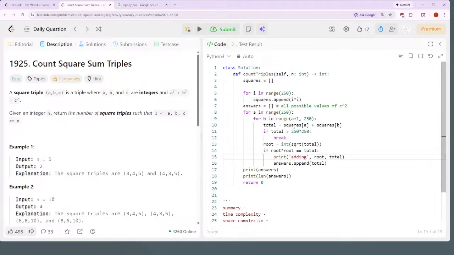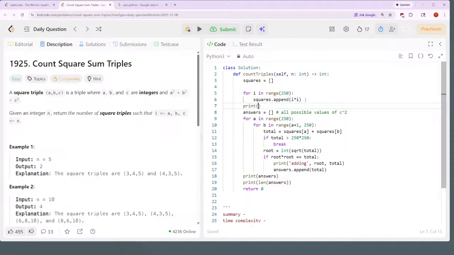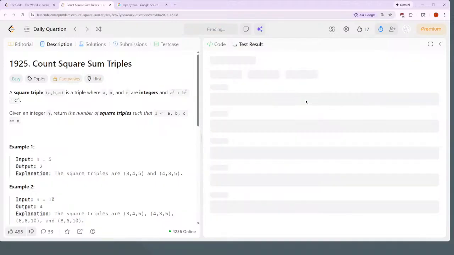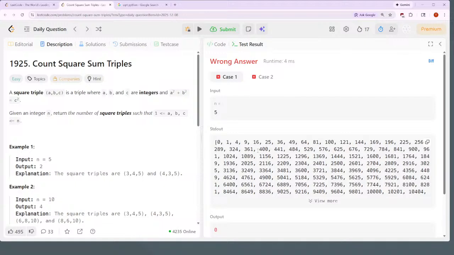Squares of A should be 1 and squares of B should be 4, I think. Yeah, the squares. Oh, I have a 0. Okay, yeah.